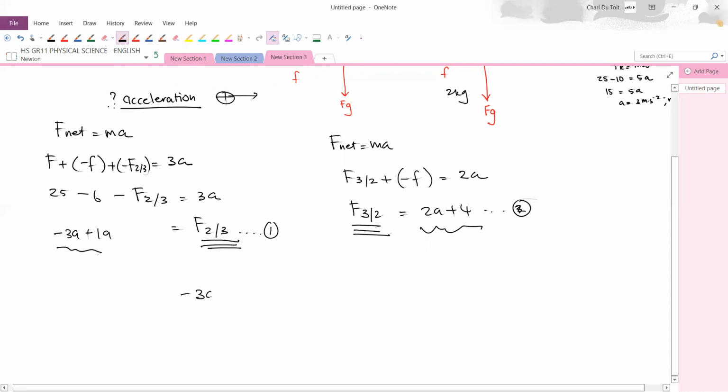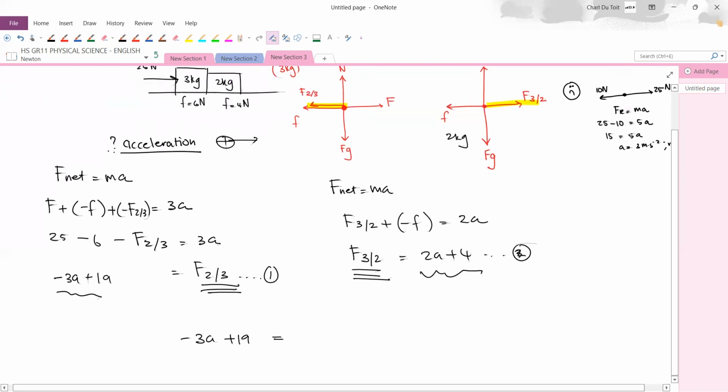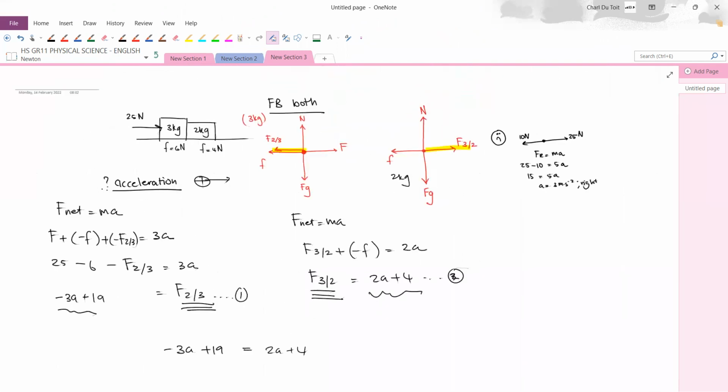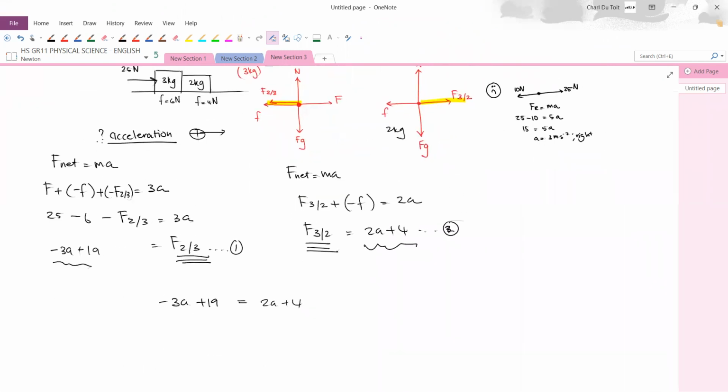So negative 3A plus 19 equals 2A plus 4. Oh, I see. Now I have 5A, and 19 minus 4 is 15.